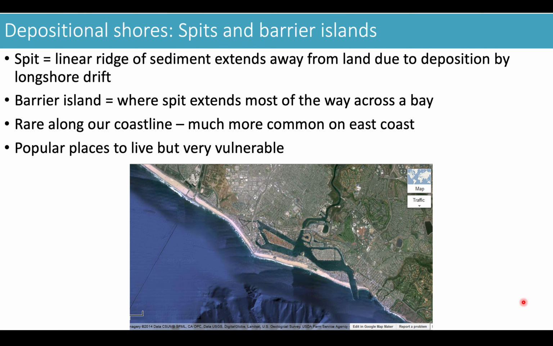So this is where a spit actually extends almost all the way across a bay to be a full island. You don't always see these on the coastline. We don't see these on our coast. You can often see them around volcanic islands. But these very shallow and depositionally created locations can be very, very popular to live because you're going to be very close to the ocean, but they're incredibly vulnerable.